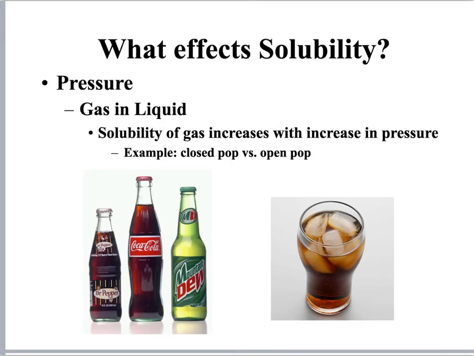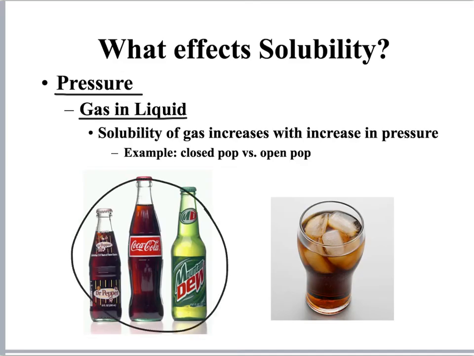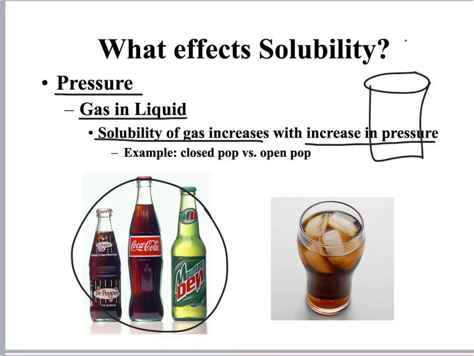Now, how much can be dissolved into a liquid is affected by a few things. If we look at pressure and a solution between a gas and a liquid, like soda, it makes sense that as you increase the pressure on the soda, you increase the solubility of the gas, meaning the more pressure that pushes down on that gas, the more that gas can dissolve in the liquid.